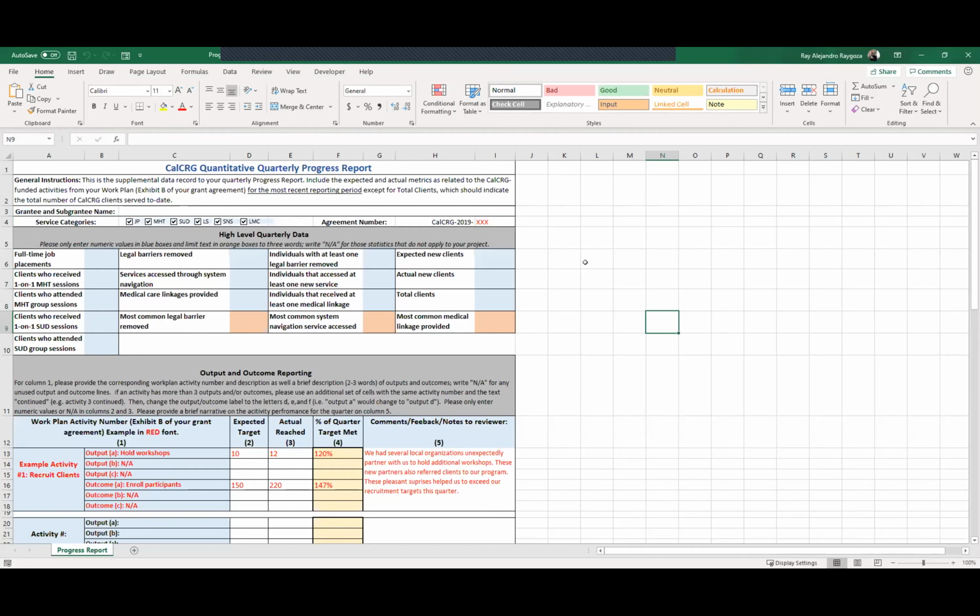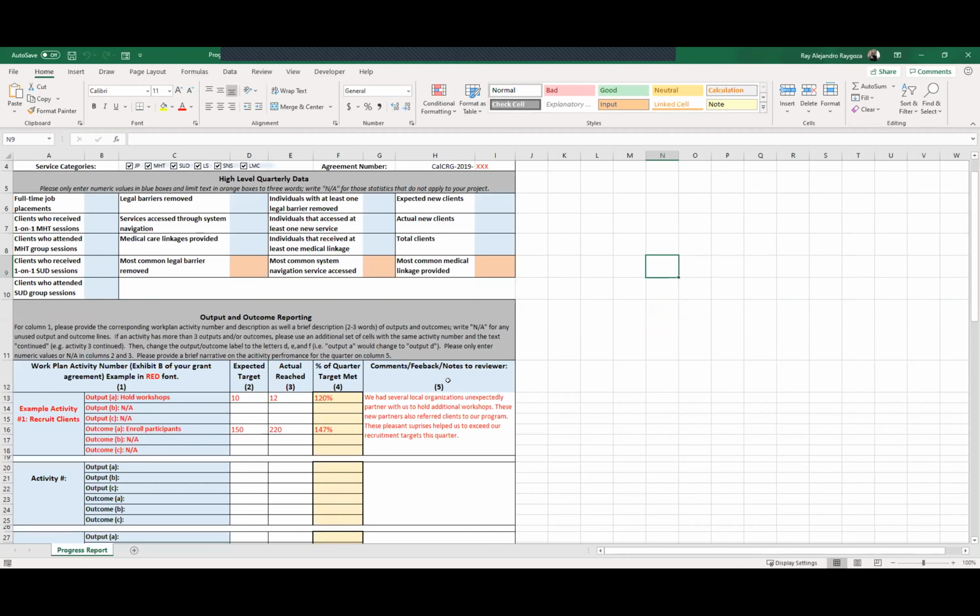As with the narrative report, we ask that you go over the general instructions, and the reason why this spreadsheet was updated is we wanted to have more high-level data, so that's why we included this.